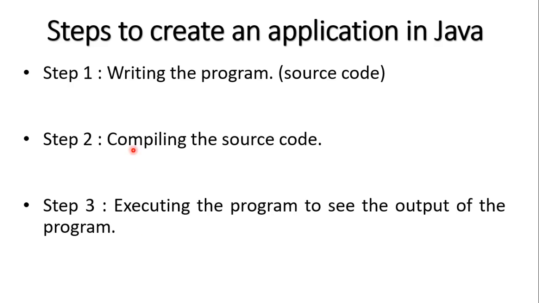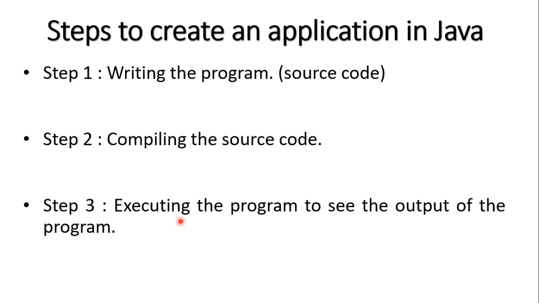Right, the first step is to write the program or the source code. The second step is to compile the source code, and when you compile, the computer will also debug to check for errors, and if there are any errors it will show you which line number the error is present in. You have to make correction, and after you have made correction, if there is no error shown, then you can execute the program.